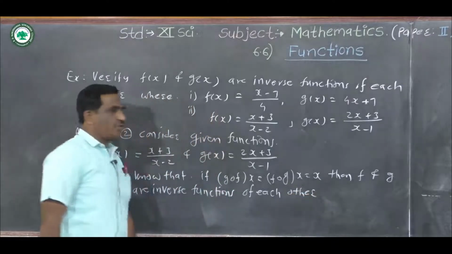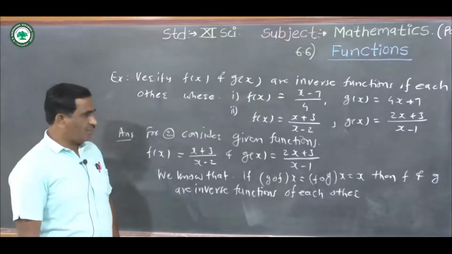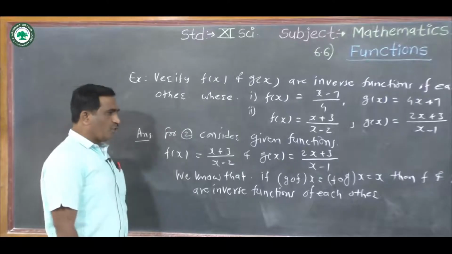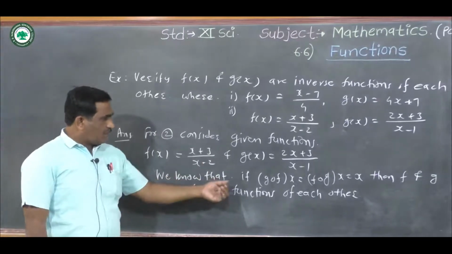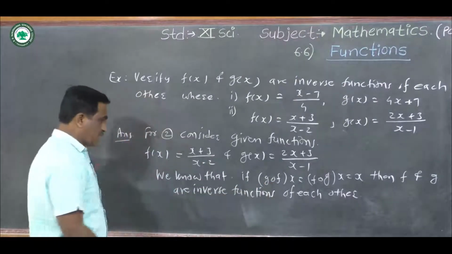That is f is the inverse function of g and g is the inverse function of f. Therefore we have to find here first f composite with g on x.